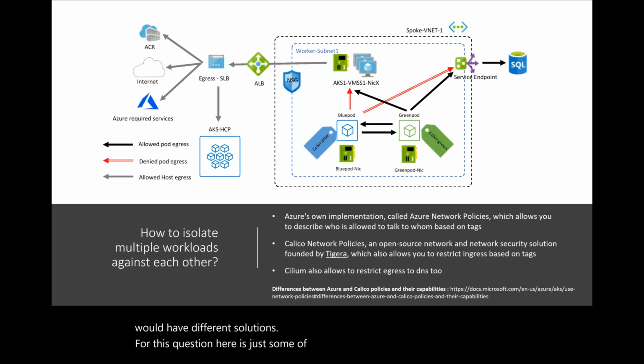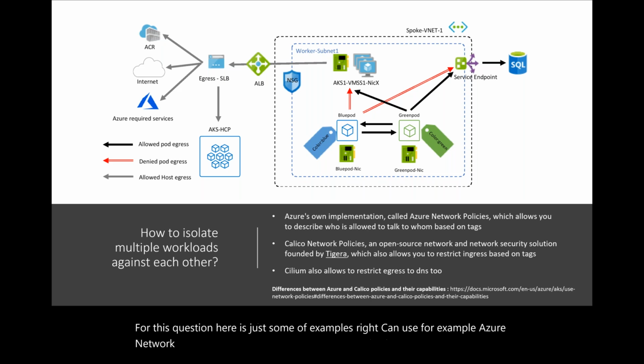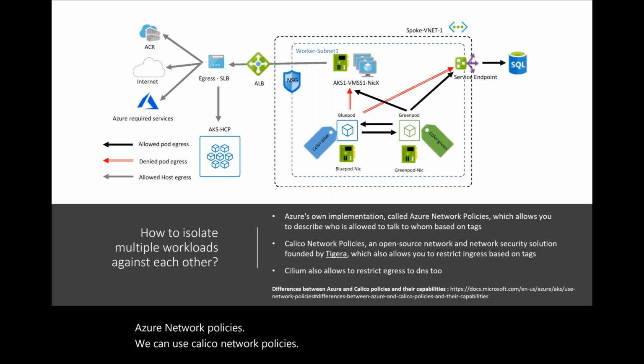You can use Azure Network Policies, which allow you to describe who is allowed to talk with whom based on tags. We can use Calico Network Policies, which are open source. We can use Cilium. There are many other ways of achieving that.